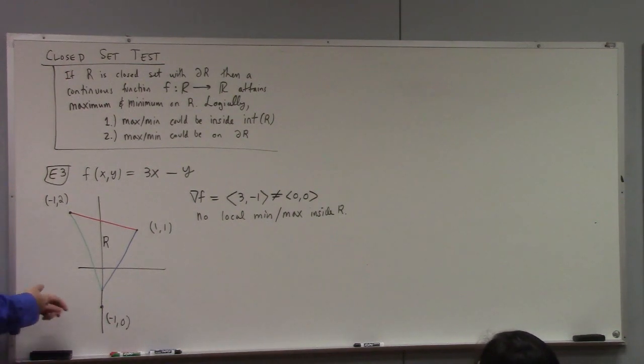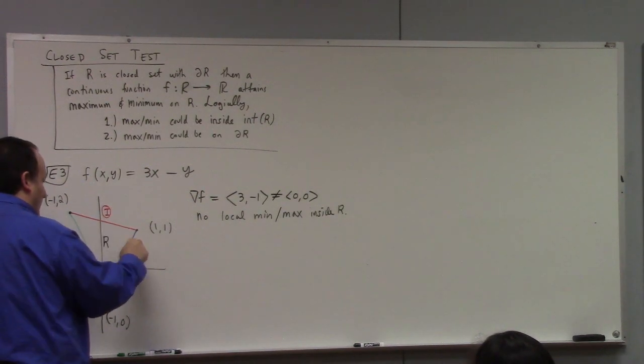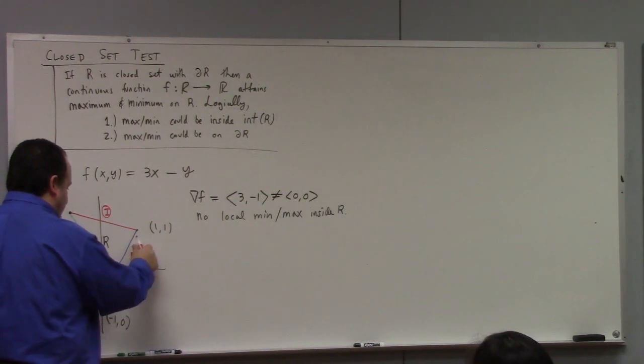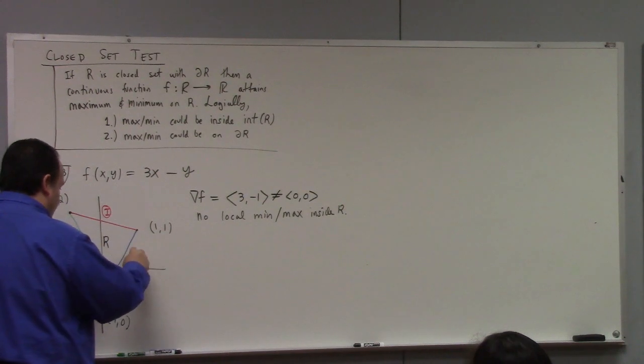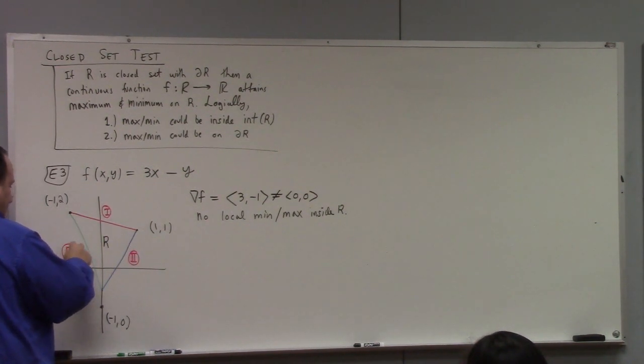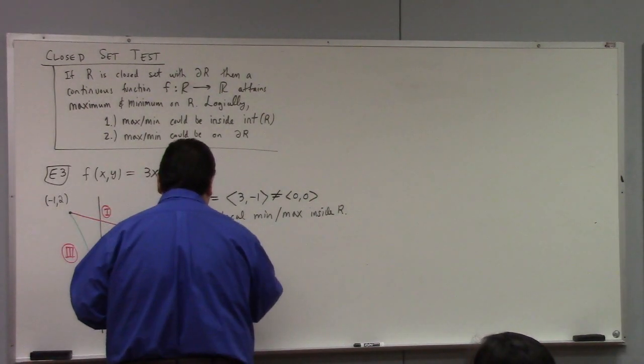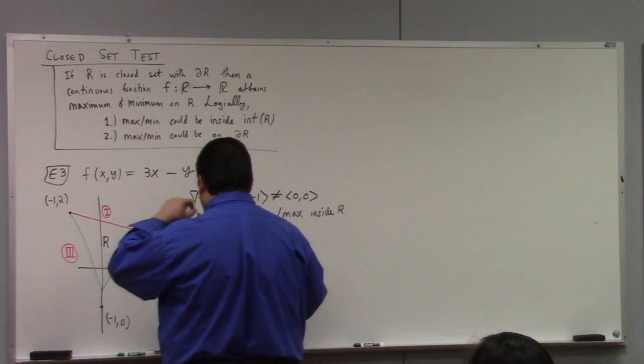So to do that, I have to actually parameterize each one of these cases. So let's do that. Case 1, case 2, case 3. Sorry, my color coding is slipping. But case 1, can you parameterize this? What do you got?